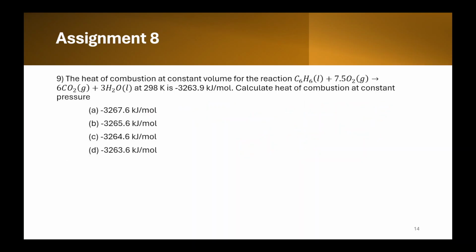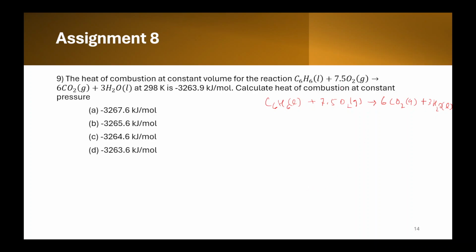We move on to the next question now. The heat of combustion at constant volume for the reaction C6H6. The reaction is overflowing in the next line, so I write the complete reaction here. C6H6 liquid plus 7.5 O2 gas giving 6 CO2 gas plus 3 H2O liquid.